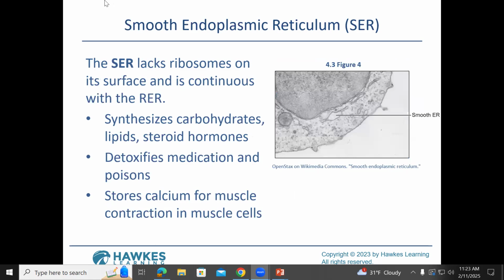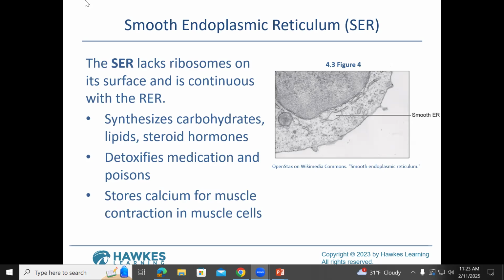The smooth endoplasmic reticulum lacks ribosomes on its surface, and it's continuous with the rough endoplasmic reticulum. It synthesizes carbohydrates, lipids, steroid hormones, and detoxifies medication and poisons, and stores calcium for muscle contraction in muscle cells.